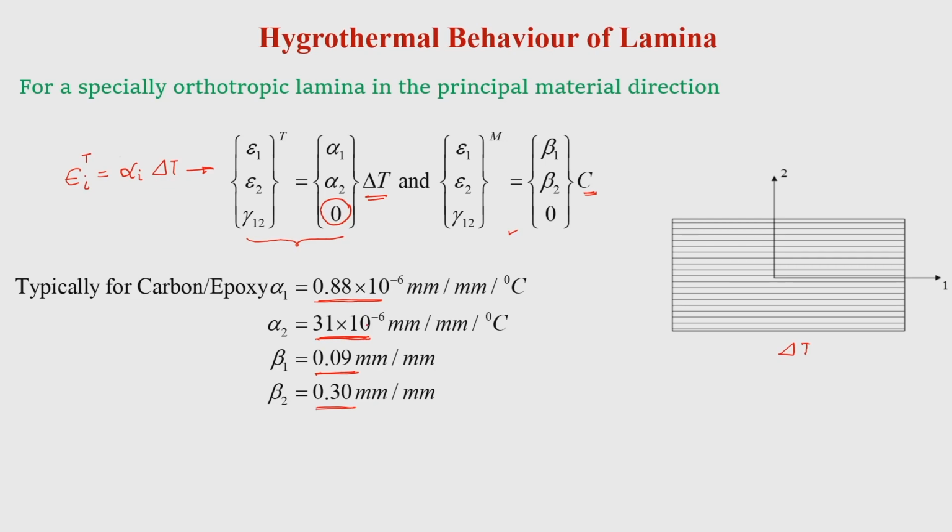Please note that alpha 1, alpha 2, beta 1, beta 2 are actually functions of the coefficient of thermal expansion and coefficient of moisture expansion of the fiber and the matrix, and of course, depending upon their relative proportions. But here we are considering the overall property of the lamina. When we study micromechanics, we will have a detailed understanding of the influence of the individual properties.